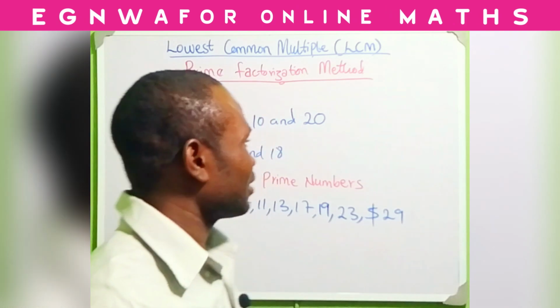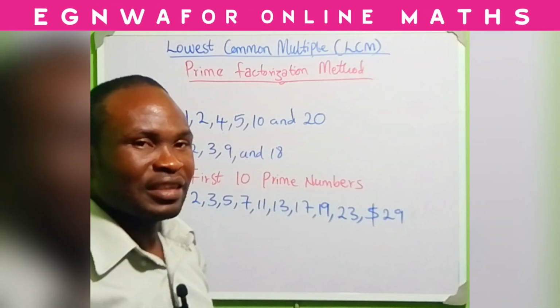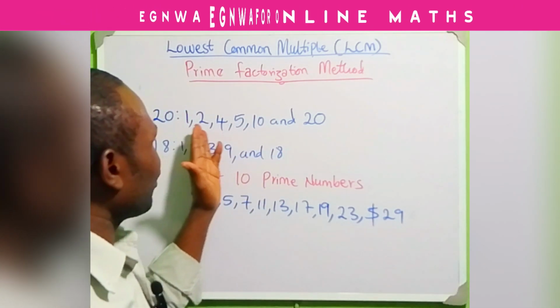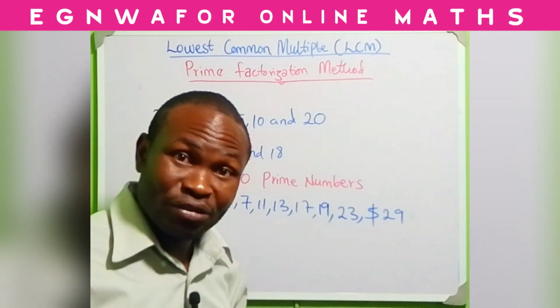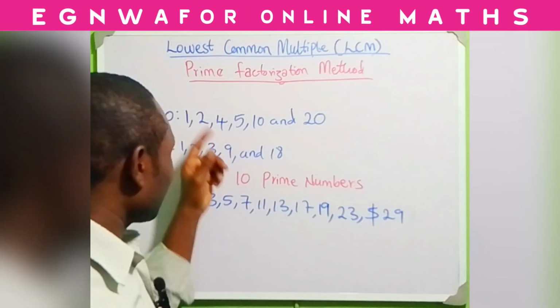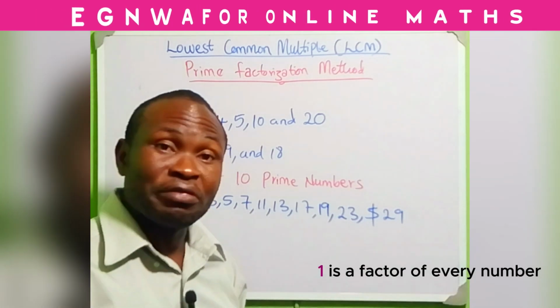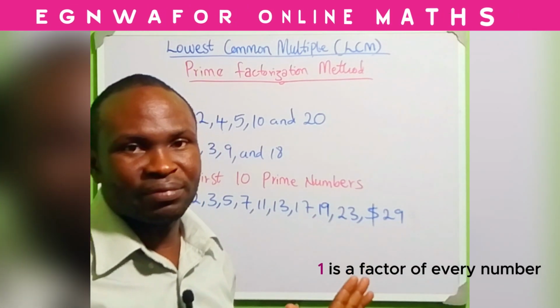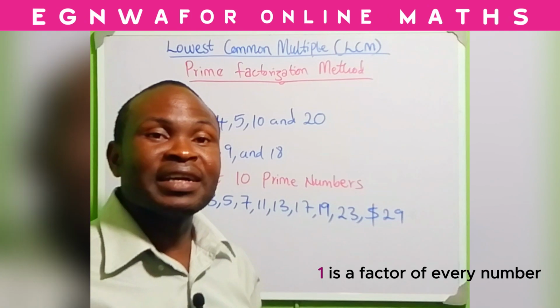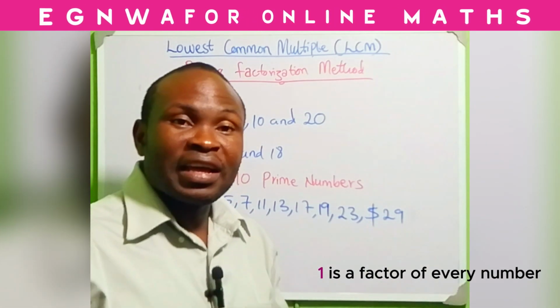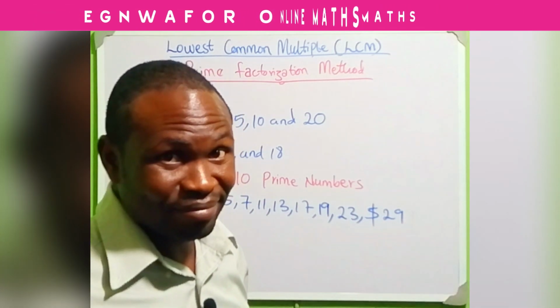For example now, see this number 20. 20 get all these other numbers as its own factors. 1 na factor of every number wey you go fit mention, because 1 fit divide any number and you go still get that number, which means remainder no dey.